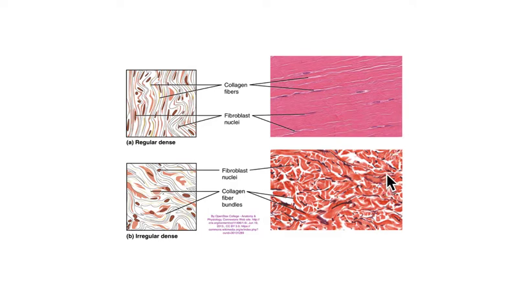Right here, where I have the collagen fibrils weaving in and out all around, I note that this tissue is strong this way, this way, this way, this way. It has a multi-directional strength. Where you find irregular dense connective tissue is number one in the dermis of your skin.